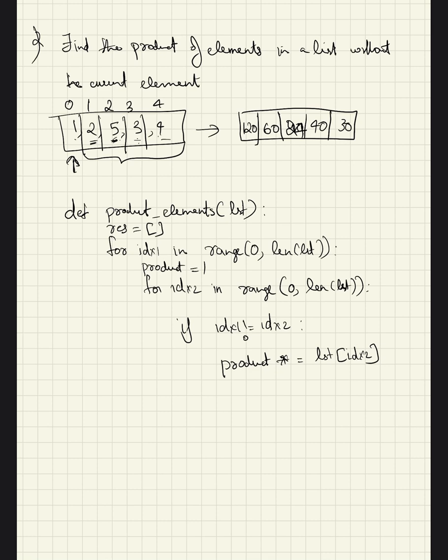And then once this loop is completed, we have to append product to result and return result. Okay, so this is a bare bones code, a brute force solution that we can think of.